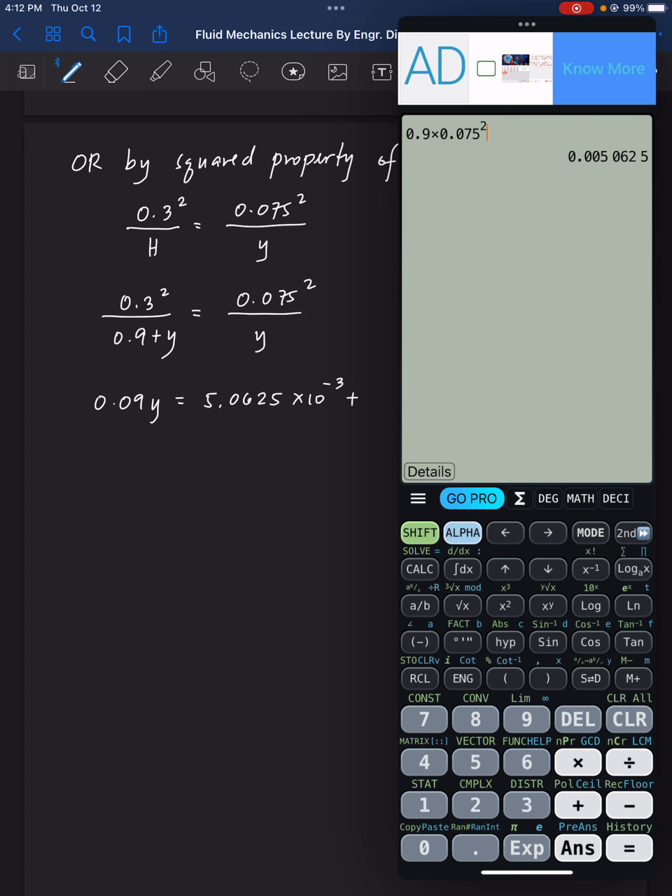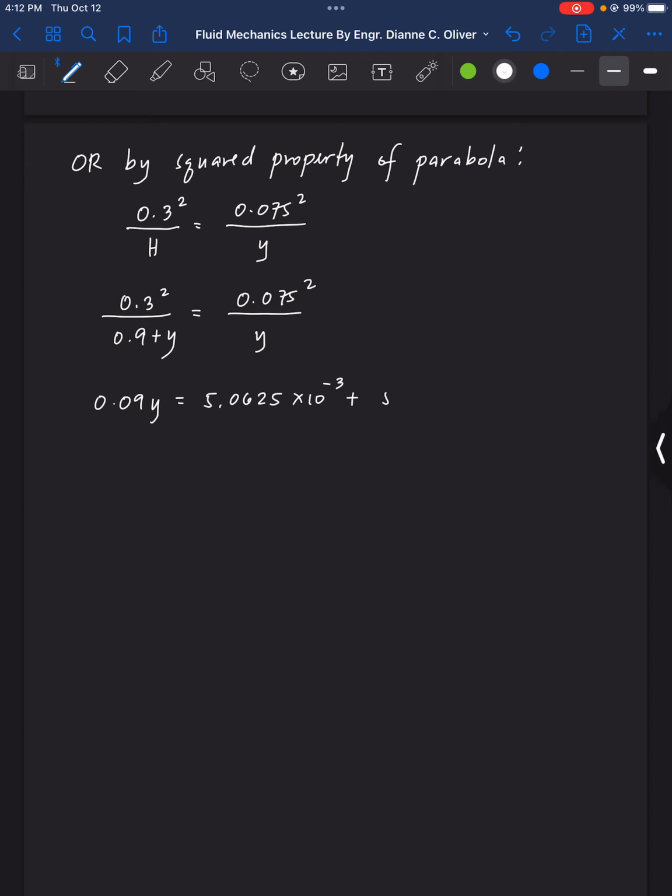plus 0.075 squared, which is 5.625 times 10 raised to negative 3 y.